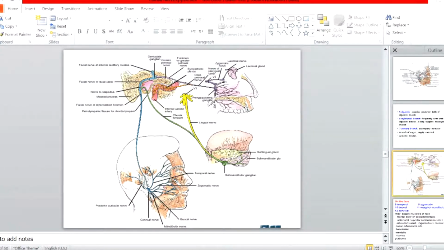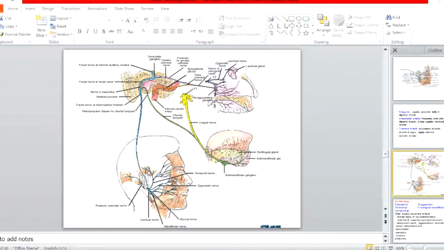The rest, the taste fibers, continue with the lingual and pass with it for the supply of taste buds of the anterior 2/3 of the tongue. Postganglionic parasympathetic fibers from this submandibular ganglia again supply the submandibular gland and join the lingual for the supply of the sublingual gland and floor of the oral cavity and the anterior 2/3 of the tongue.